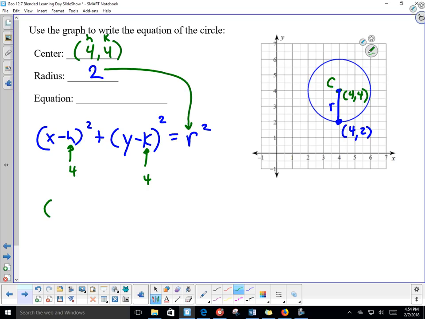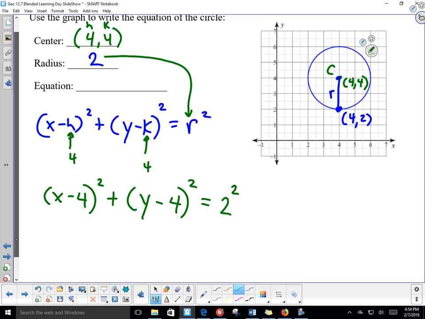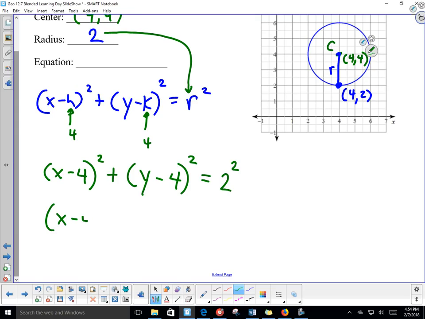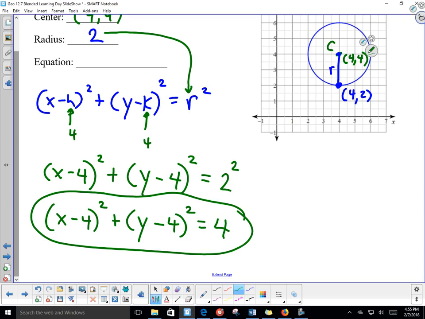So my equation should be x minus 4 quantity squared plus y minus 4 quantity squared equaling 2 squared, and we can square the 2 and get 4. So the equation of the graph that we see here is really this circle, x minus 4 quantity squared plus y minus 4 quantity squared equaling 4. That's the equation for that circle.